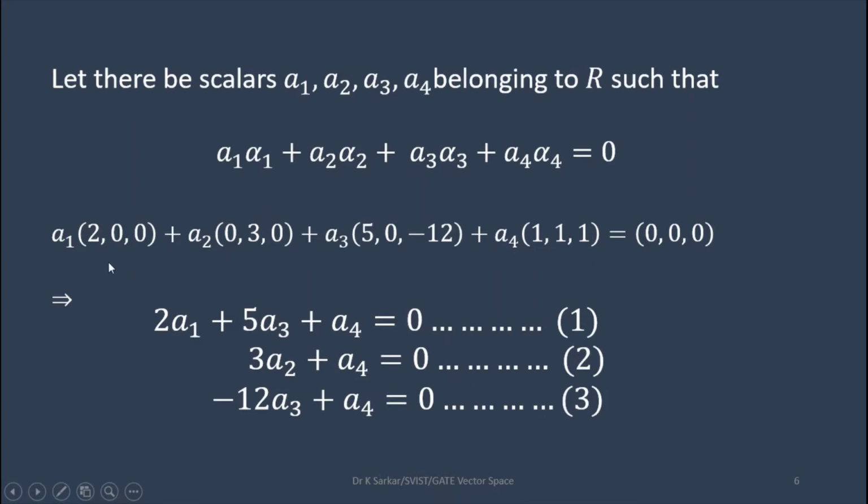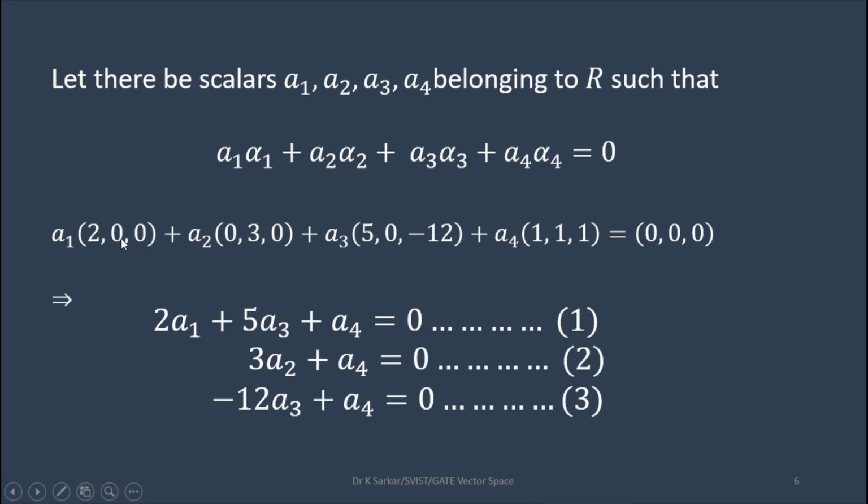Now let us compare left hand side and right hand side. So here left hand side, 2a1 plus 0a2 plus 5a3 plus a4. So we are getting the first equation as 2a1 plus 5a3 plus a4 equals 0.